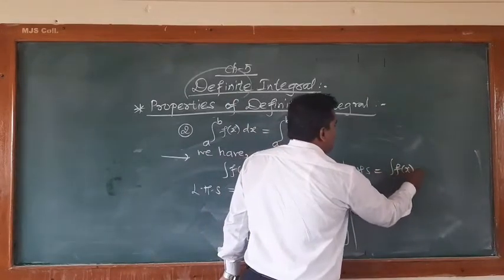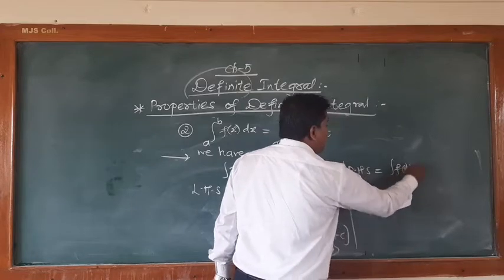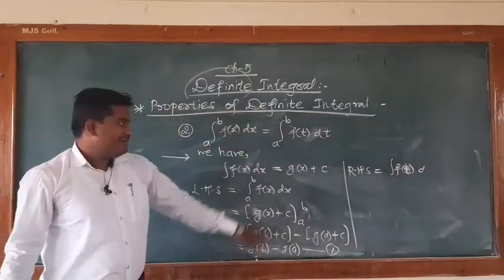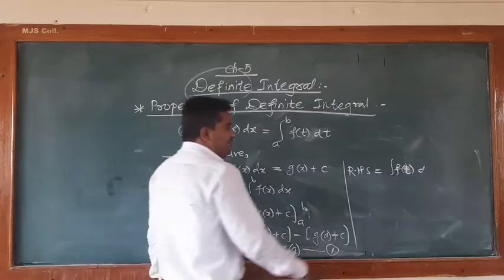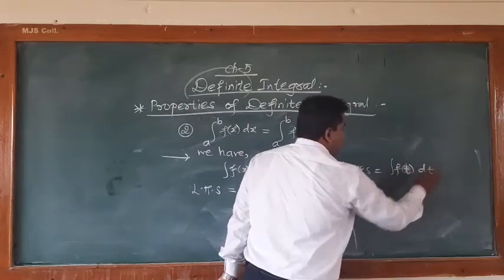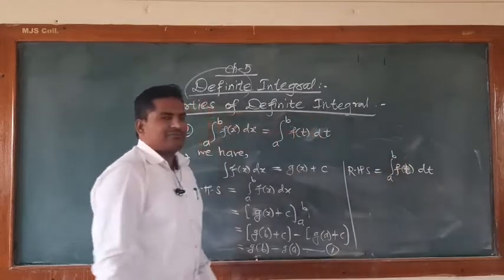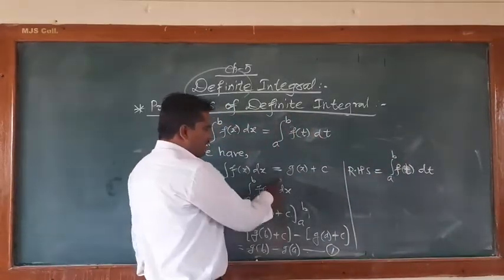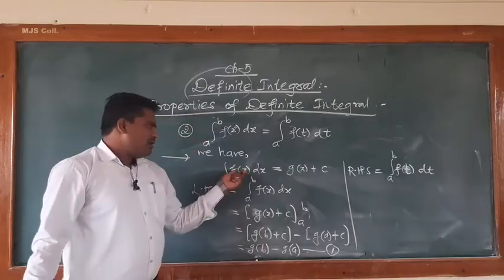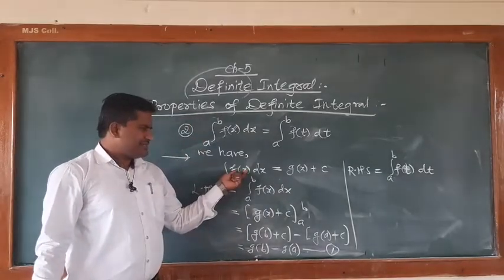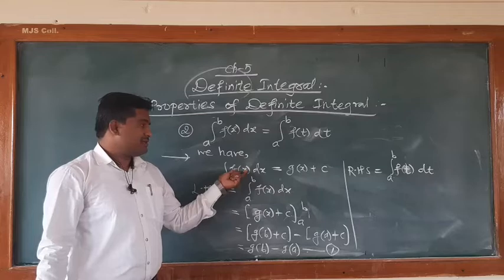In RHS, change in a variable: f of t with respect to dt, and the limit is the same, a to b. By definition, here the variable is x, but it is a standard definition.